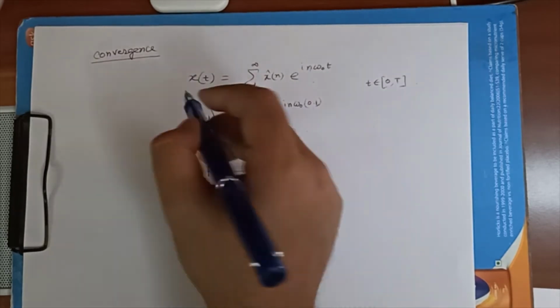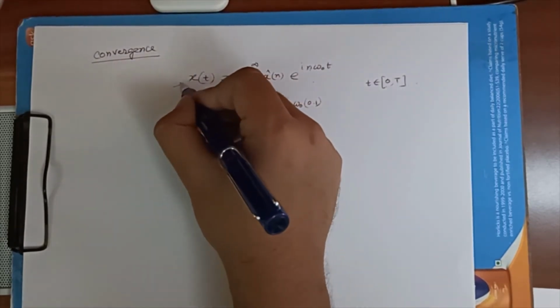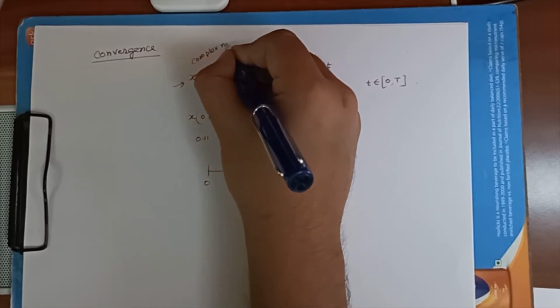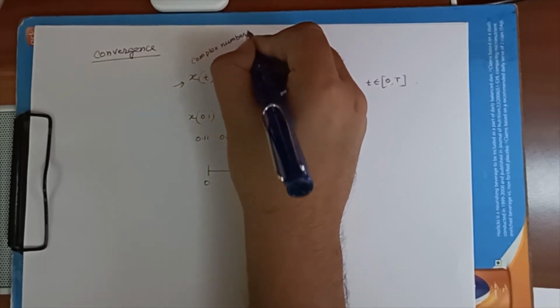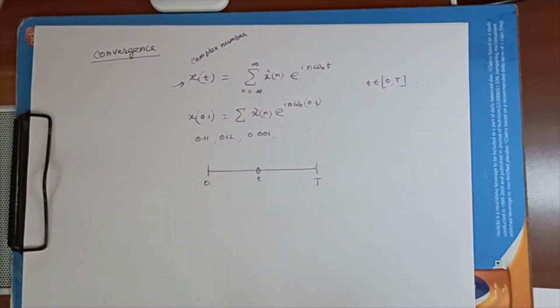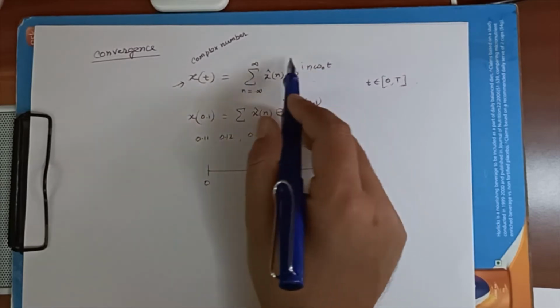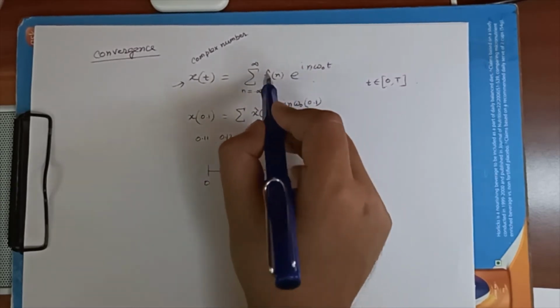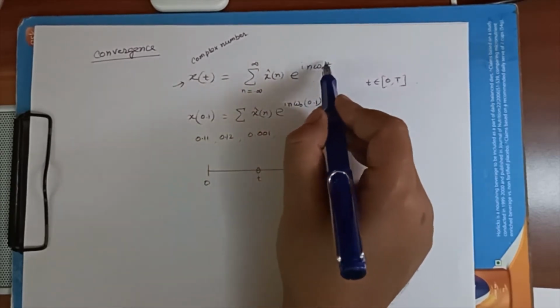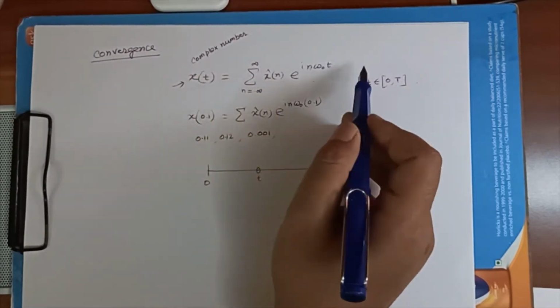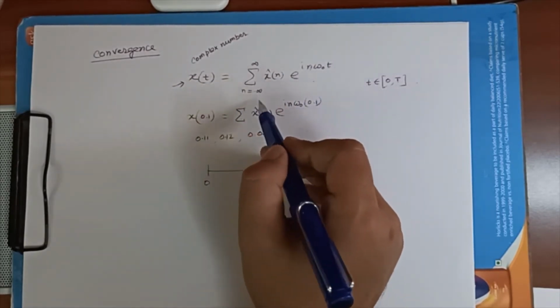Now the left-hand side will give you one complex number. This is a two-dimensional number, one real part and one imaginary part. The right-hand side gives you an infinite series of complex numbers. This is a complex number, this is a complex number, the product is a complex number, and you are summing those complex numbers over all the integers.